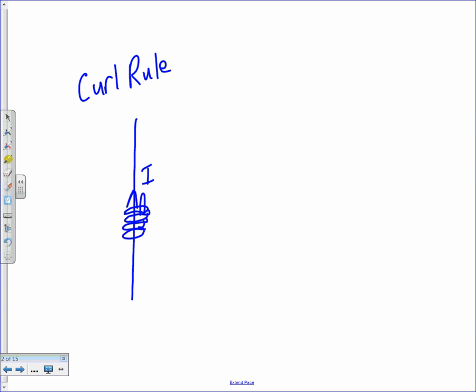Anytime you have a current in a wire, it generates a magnetic field. So here, the magnetic field is into the page over here and out of the page over here.